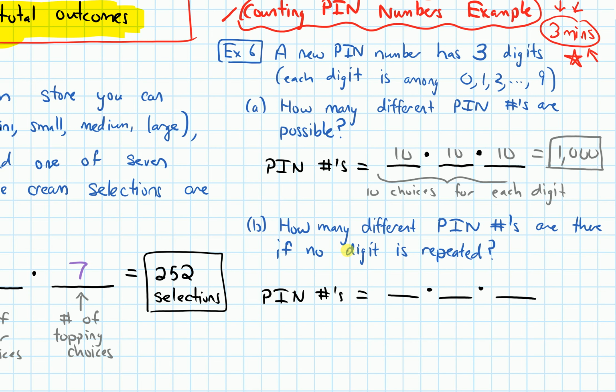I need to be careful here because I don't want to repeat digits. So I'm going to think about this digit by digit. For the first digit, there's 10 choices. I'm going to first pick what goes there. So I'll put a 10 there.